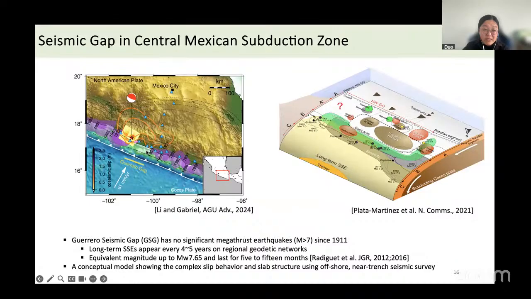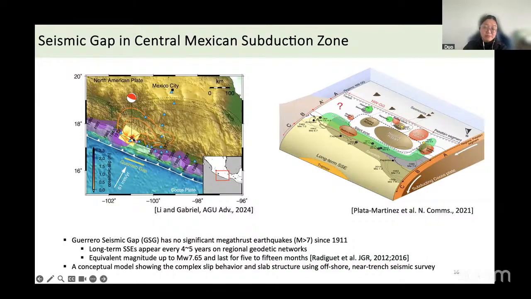The figure on the left shows the so-called seismic gap, where no major earthquake has been recorded. But in 2014, a long-term large slow slip appeared, and the orange contours show the cumulative slip of this slow slip. This slow slip lasts about half a year, or 6 months.